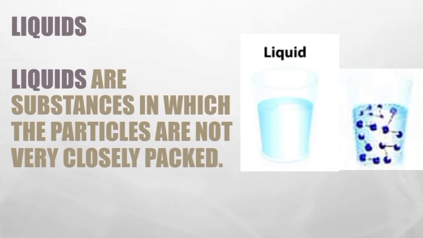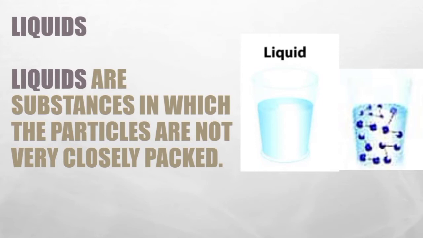Water, milk and juices are examples of liquids. So if we pour some orange juice into a glass, it will take the shape of the glass. If we pour it into a bowl, it will take the shape of the bowl. Liquids can flow from one place to another.